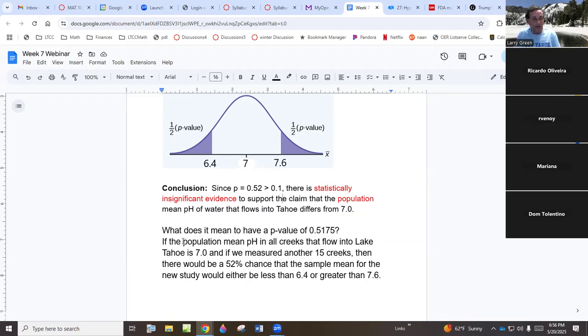I do want to note that this first part is about population mean, and this last part is about the sample mean. It is important that you identify, if you ever have the word mean, you better put that word, either sample or population, depending on what it represents. Okay, any questions on that?